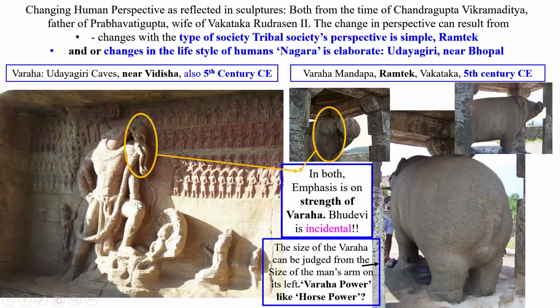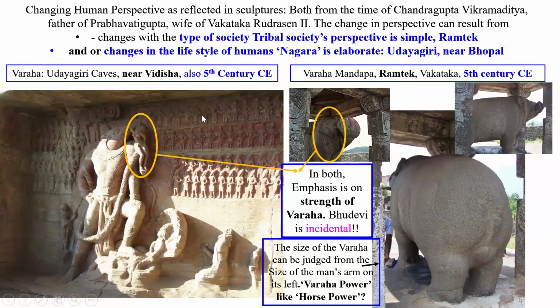But see this, now it is not just the Varaha alone, because there are stories about it, Puranic stories, so much paraphernalia is around it. Whereas this one is just, and there is a Sheshanag under it to indicate that he is an avatar of Vishnu. So this is that difference, tribal society versus society staying in Nagaras.